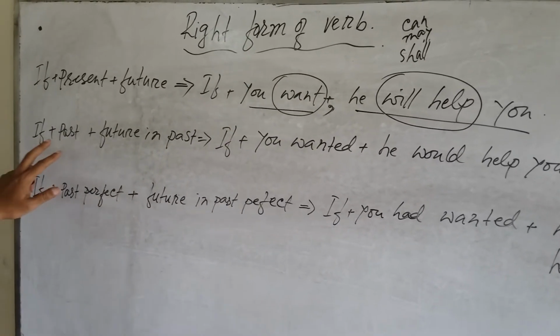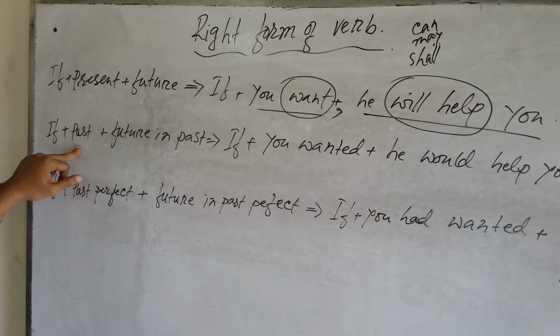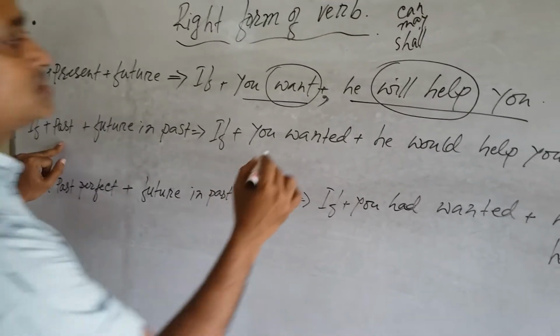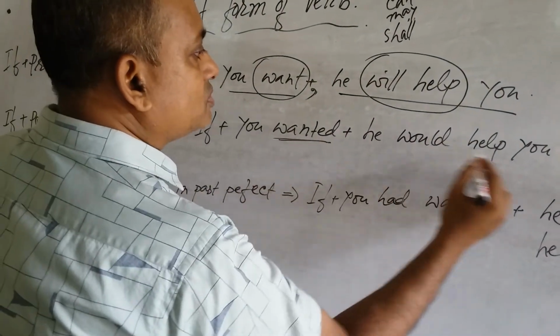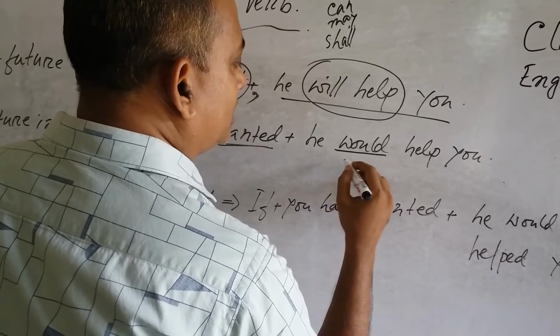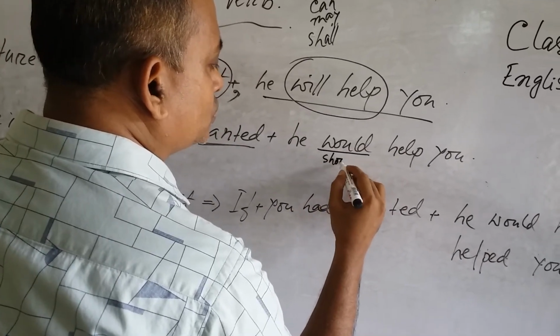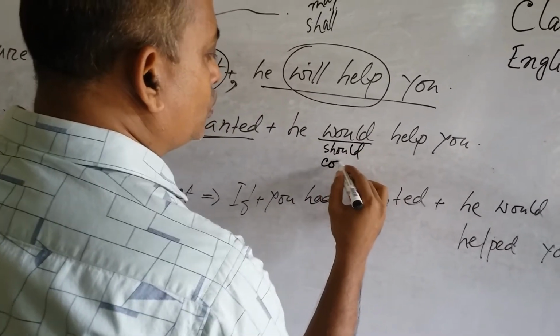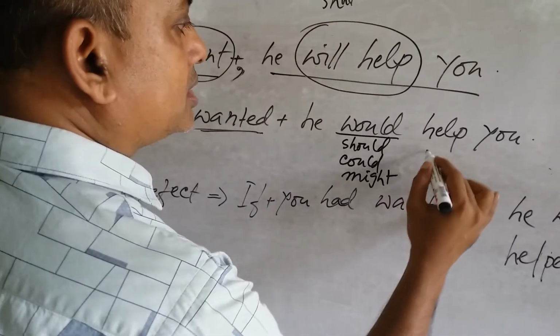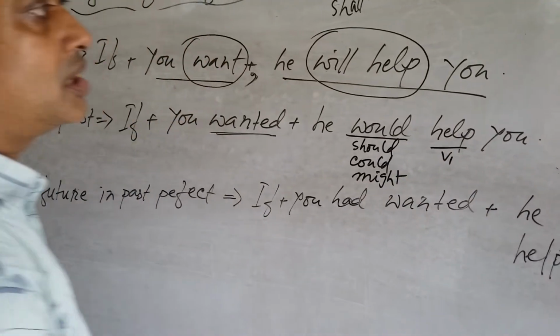And if there is a past in the first clause, the rest will be future in past. Future in past means there will be would, should, could, might, and the present form of the verb.